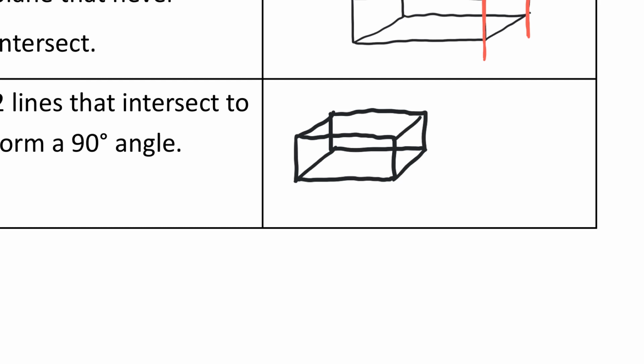Okay, so assuming that this is like a true rectangular prism, again, here that I drew everything perfectly, this right here, these would be perpendicular. This would be 90 degrees right here. That's what we're talking about. It's where these two lines meet up to make a 90-degree angle.